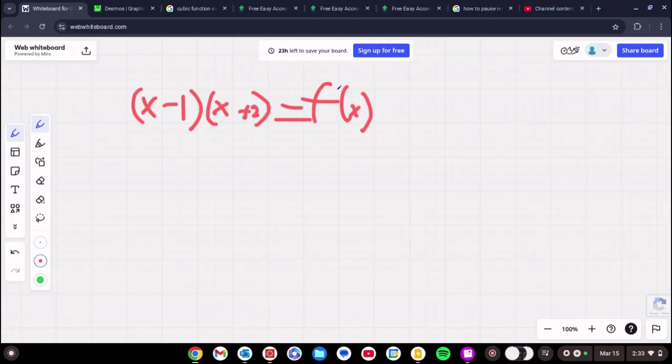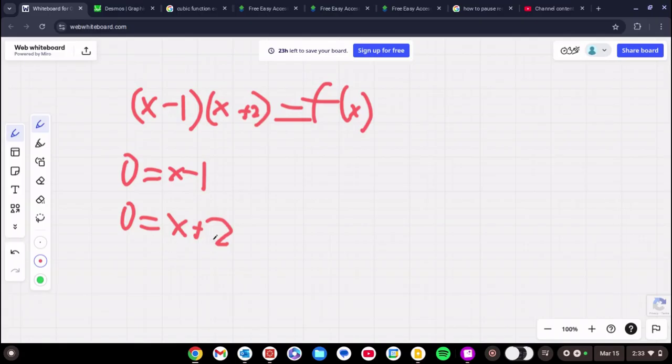And again, you would set f of x to equal 0. So when 0 equals... let's find both of these. So we can actually split them up where 0 equals x minus 1 and 0 equals x plus 2.